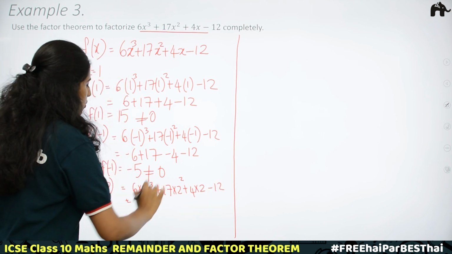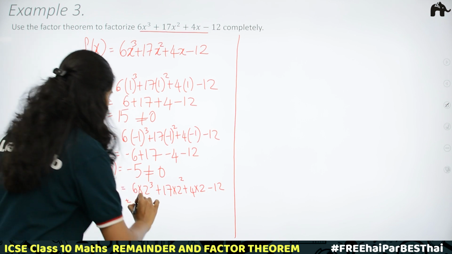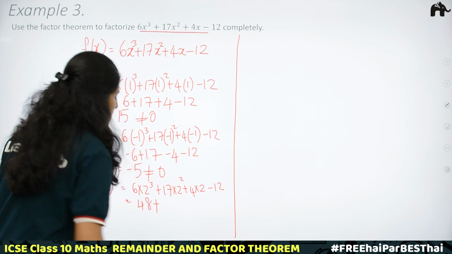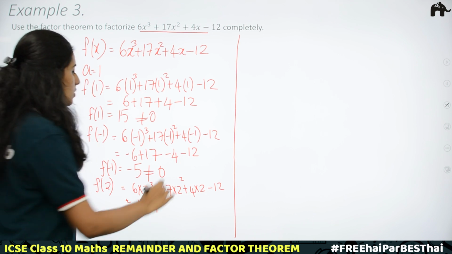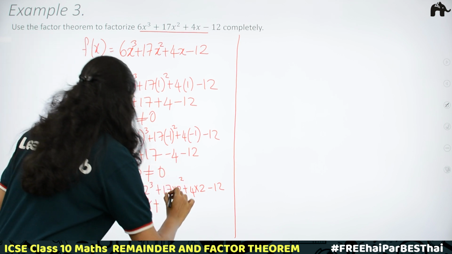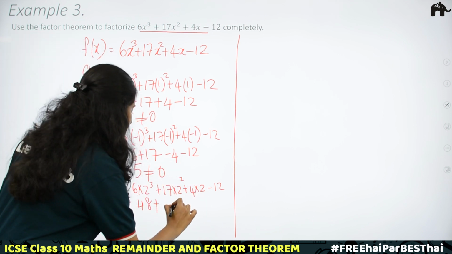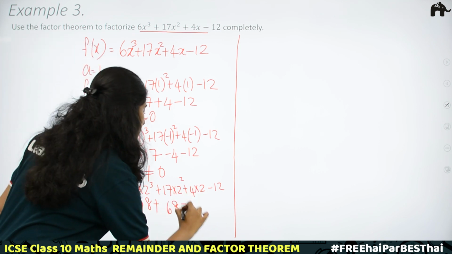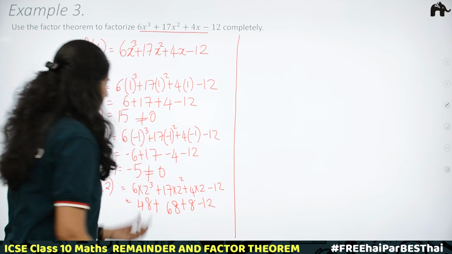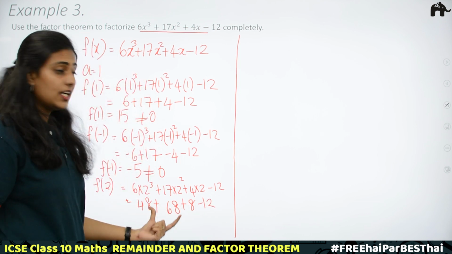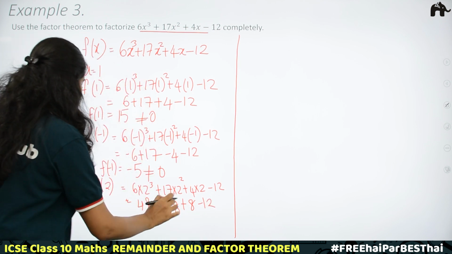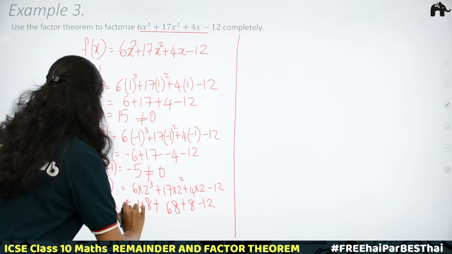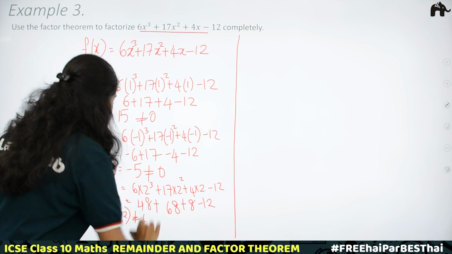That is 2 cube is 8. 8 into 6, 48 plus 17 into 2 square. 2 square is 4. 4 into 17 is 68. 68 plus 8 minus 12. Anyway, when you add this, you will be getting a bigger number which is not equal to 0. So, this is not necessary. We can say that f of 2 is also not equal to 0.